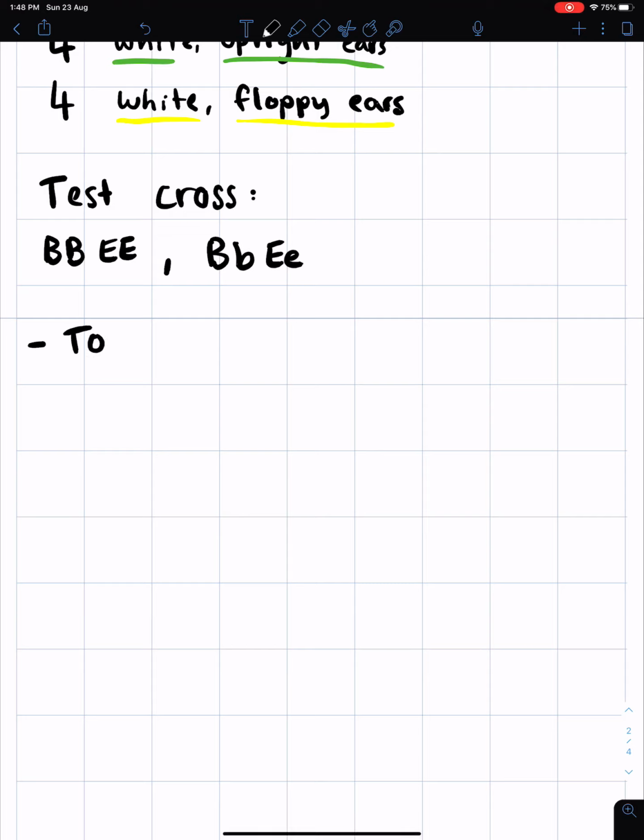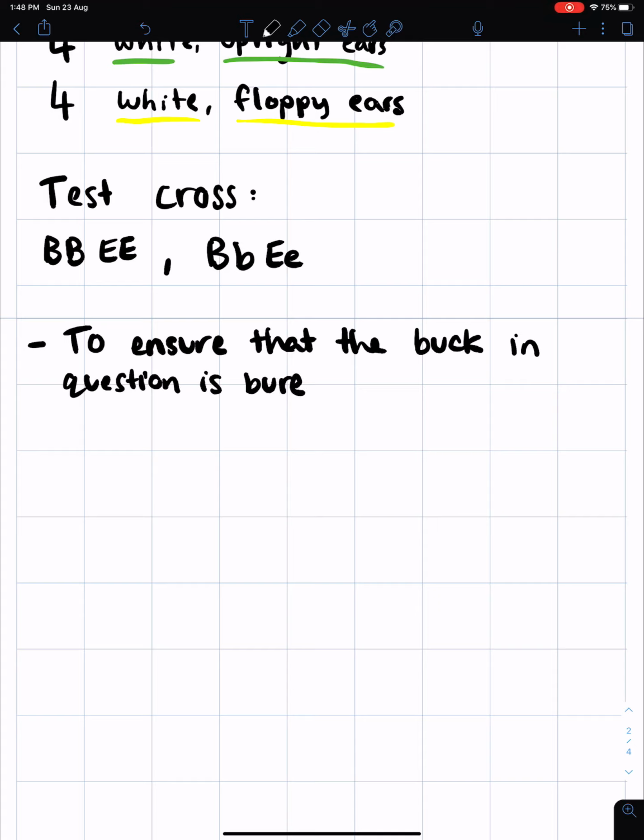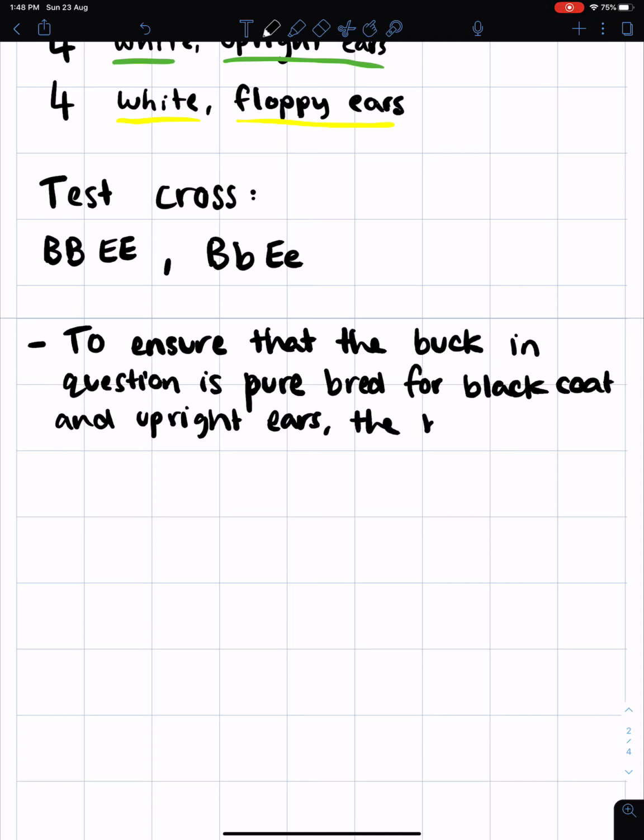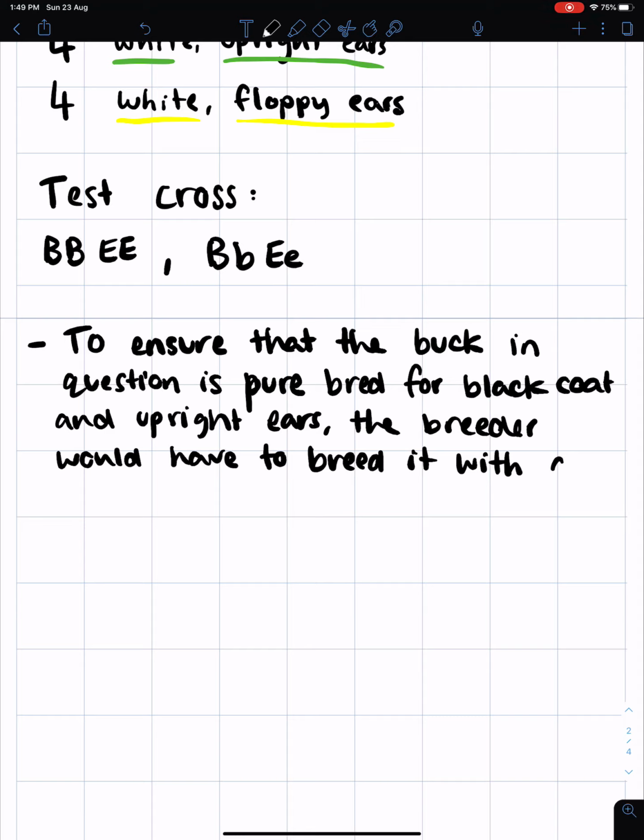To ensure that the buck, the male rabbit in question, is purebred for black coat and upright ears, the breeder would have to breed it with, just the same as before with monohybrid crosses, a homozygous recessive female.